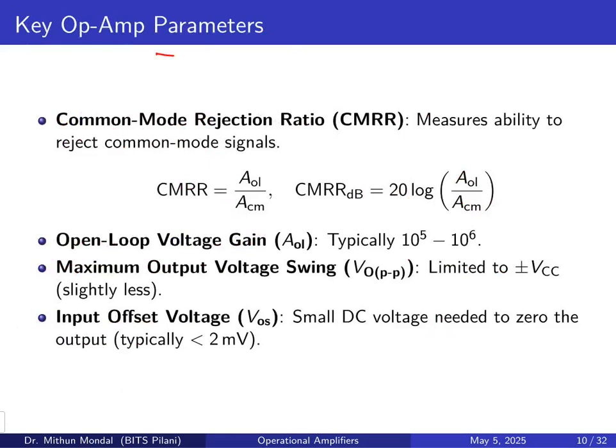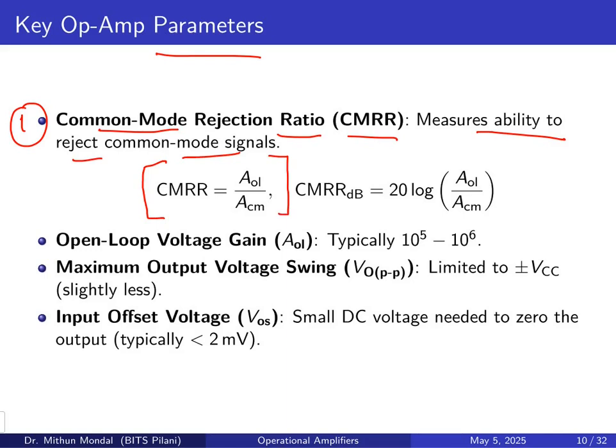Some of the key op-amp parameters are basically the common mode rejection ratio, CMRR. This measures the ability to reject the common mode signal. So common mode rejection ratio is basically the ratio of the gain under open loop condition and the common mode condition.